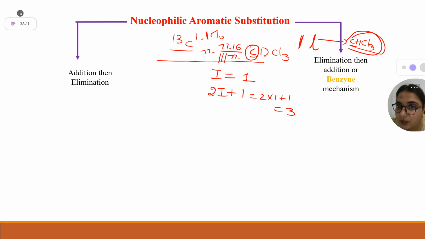But in 13C, the CDCl3 peak comes because this carbon is attached to deuterium, which splits it into 2I plus 1. I is 1 because deuterium has even mass. 2 into 1 plus 1 is 3, therefore you get a triplet. Understood?